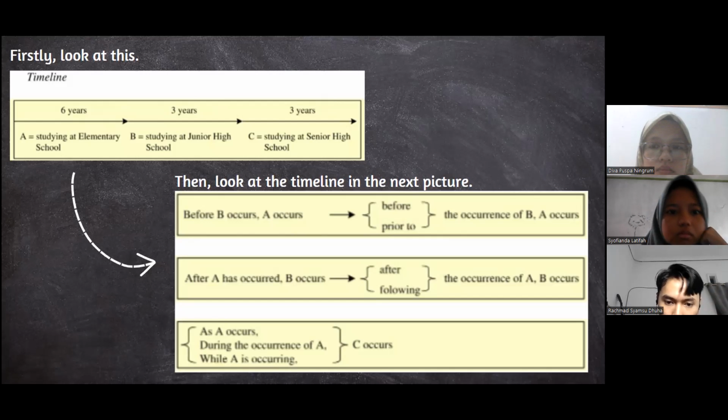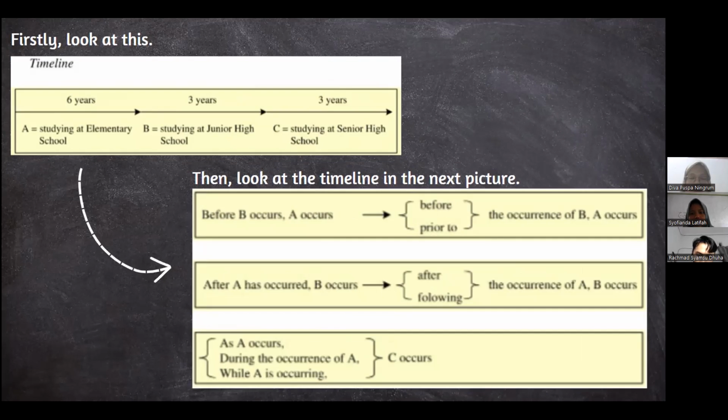And at the last part of this picture, you can see three words, for example, three sentences: as A occurs, during the occurrence of A, while A is occurring. This is in the middle of something.